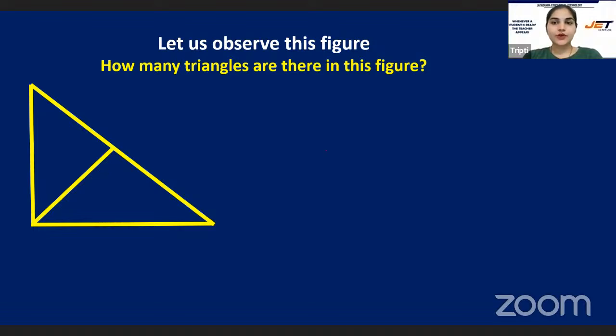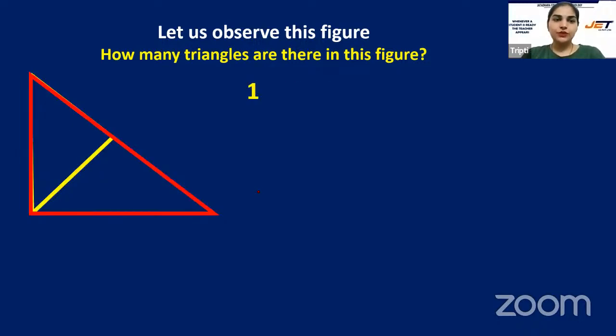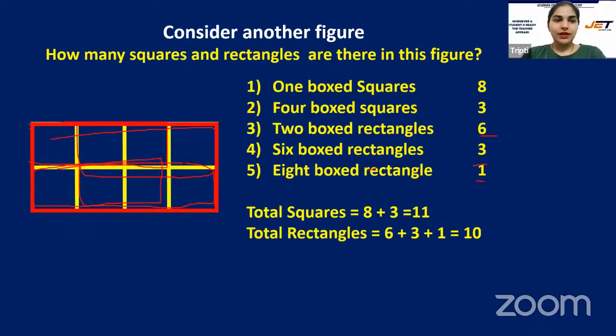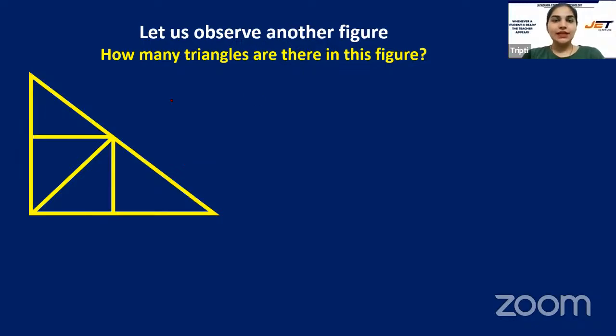All right, so here I can see 1, 2, and the bigger one, 3 triangles. I'm sorry, 3 triangles are there. A triangle has 3 sides, so there are 3 triangles in that.